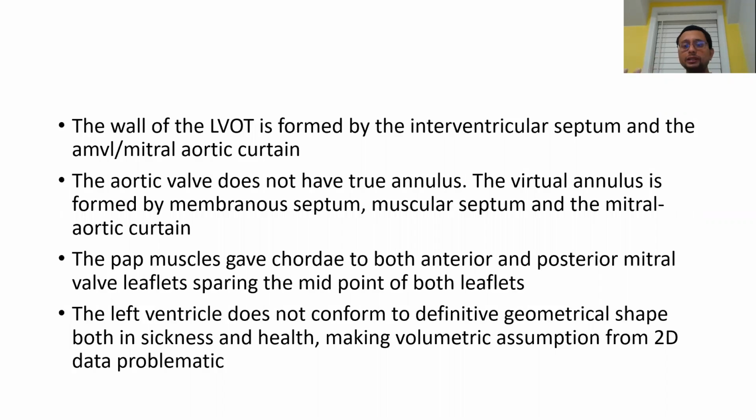And when you do biplane Simpson, you cut the left ventricle into 20 slices, where you assume each slice has a certain shape. Again, you have a geometrical assumption. So this is a drawback of doing it by 2D echocardiogram. It is not as accurate as 3D echocardiogram. However, because 2D is the most easily accessible, we do it with 2D now.